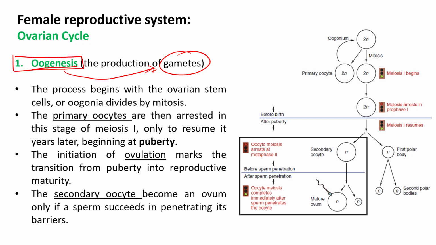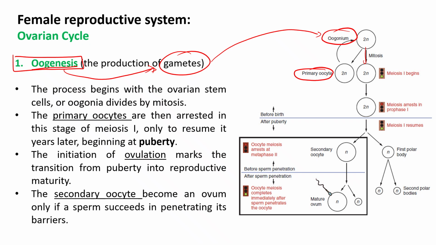Let's look at this so it will make more sense. Everything starts here with a stem cell that will, by mitosis, produce primary oocytes. With the male, we also have stem cells, but they produce spermatogonia all the time through the entire life.